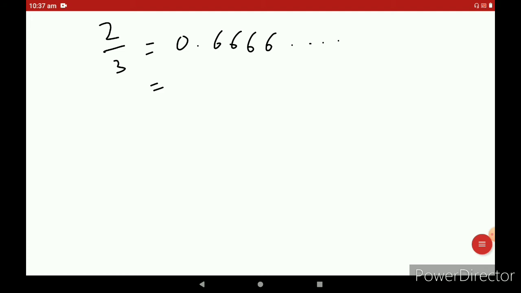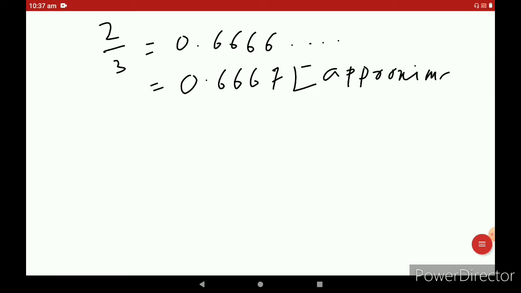So this digital value we give 0.667. Okay, so it is the 4 significant value, and this is the approximate value of 2 by 3. Okay, and 2 by 3 is the true value.